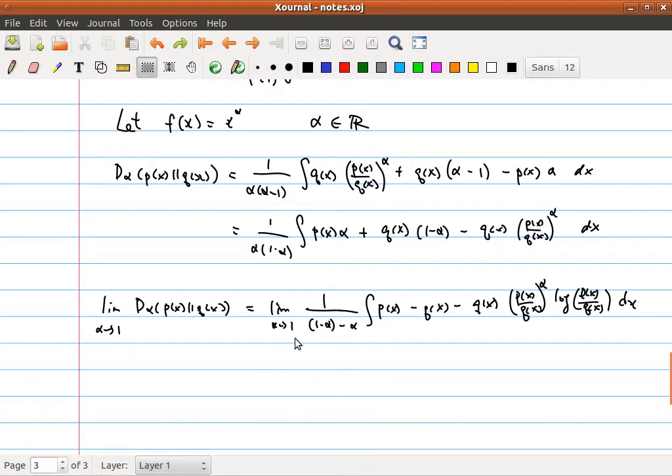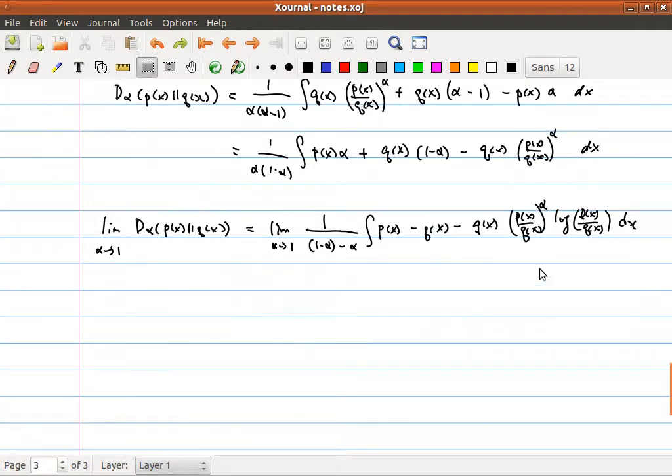So here we need to be careful that we're taking the derivative with respect to alpha, not with respect to p or q. There's a tendency to pull alpha down and something like that, but alpha here is the variable instead.